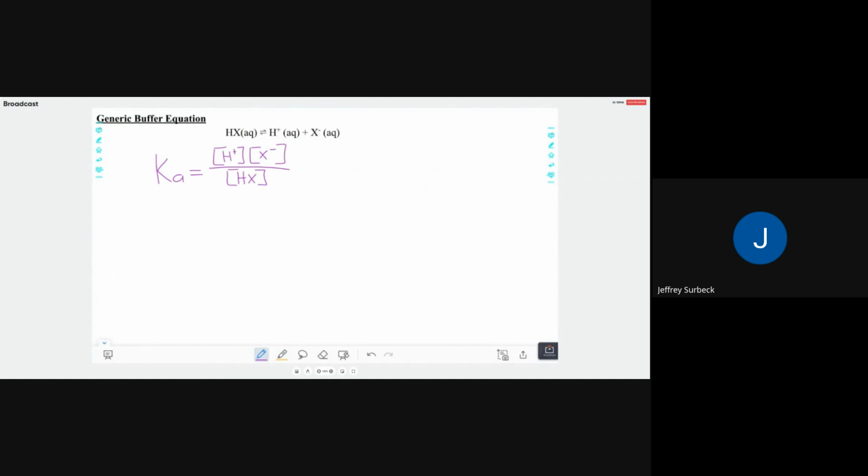Great. Let's go one step further now, and let's go ahead and solve for H plus all by itself. And so we're going to cross multiply. When we cross multiply, we would end up with this: Ka times the concentration of HX is equal to our H plus times X minus.